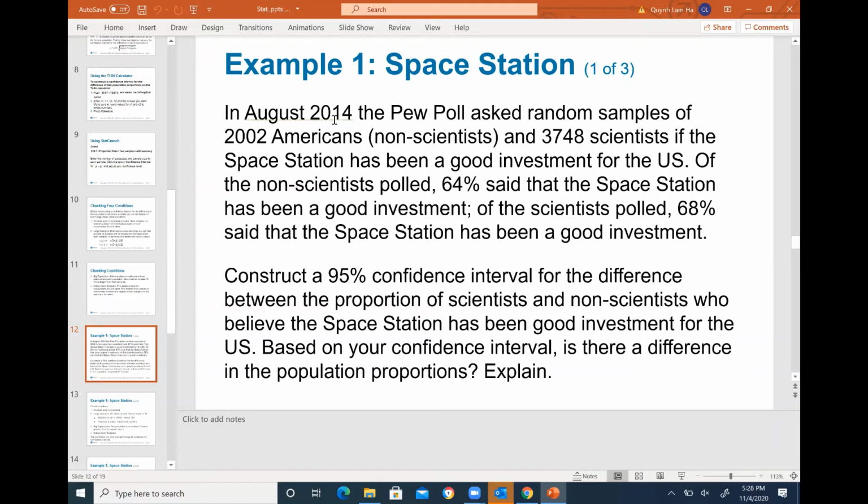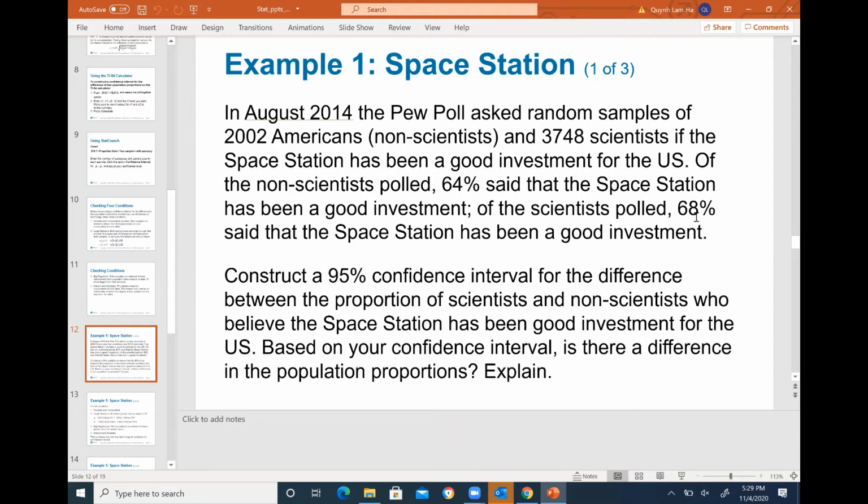So now they gave us: in August 2014, we have a random sample of 2,002 and 3,748 scientists. Of the non-scientist poll, 64% said that the space station has been a good investment.